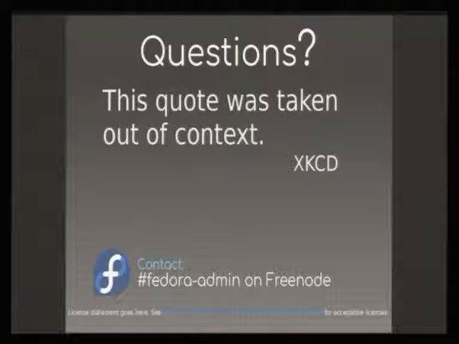A good question. The question is, will we be using RPMs inside Docker? In the Fedora layered image build system, which is the name for our system with the OpenShift build system, everything needs to be installed from RPMs that are in Fedora.